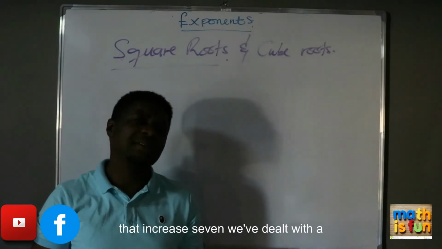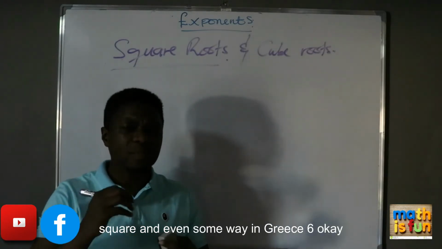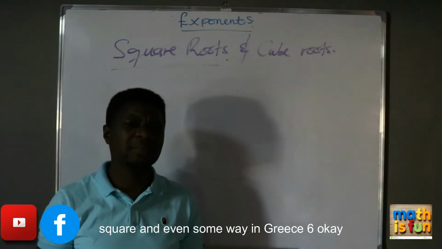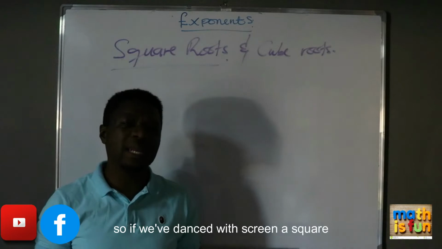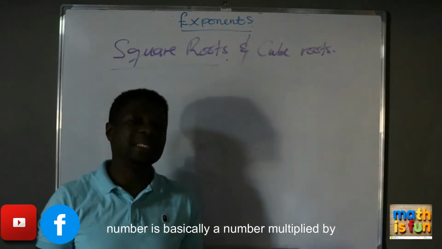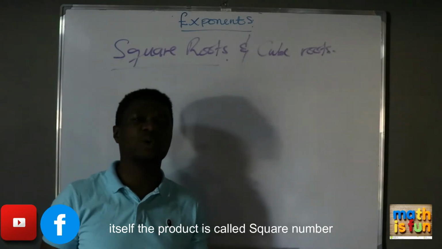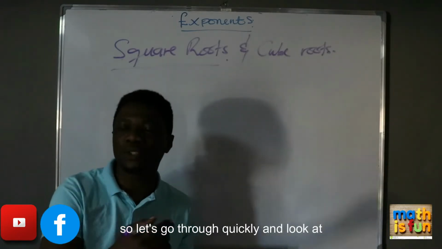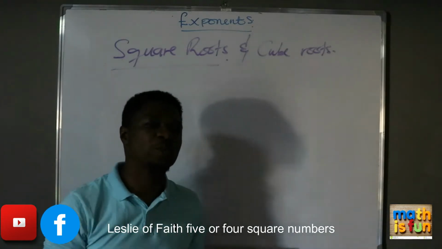I remember that in grade 7 we've dealt with square numbers, and even somewhere in grade 6. A square number is basically a number multiplied by itself. The product is called what? A square number. So let's go through quickly and look at, let's say, our first 4 or 5 square numbers.